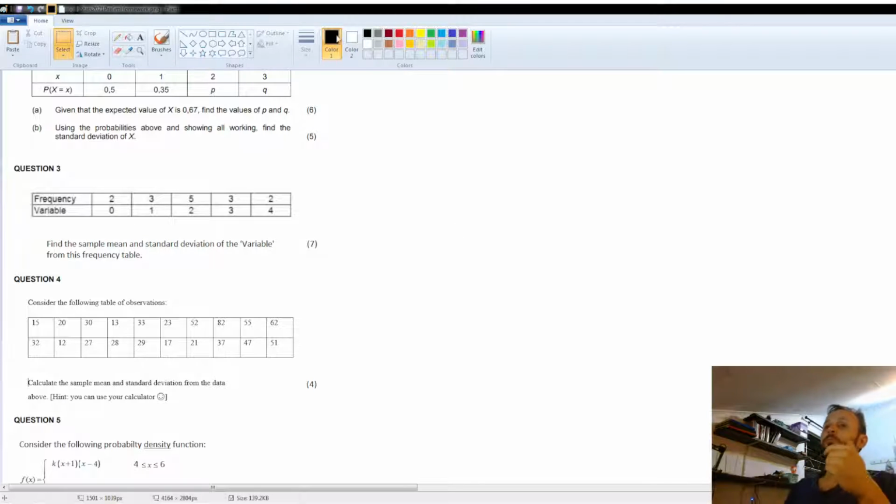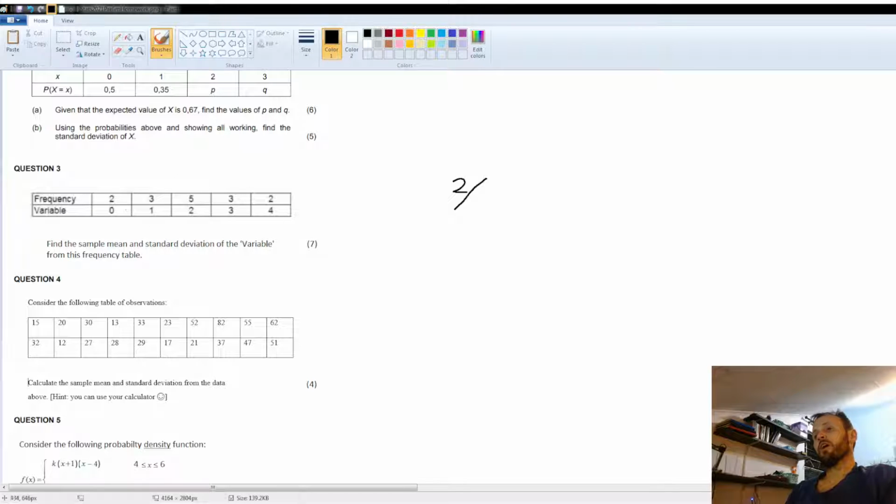Just by the way, it essentially amounts to the same thing, because a frequency can be turned into a probability. If you saw something twice, what was the probability of it? The probability would be 2 divided by the total number of things you saw. You saw 2 zeros, 3 1s, 5 2s, 3 3s and 2 4s.